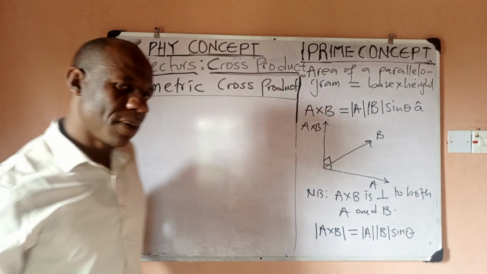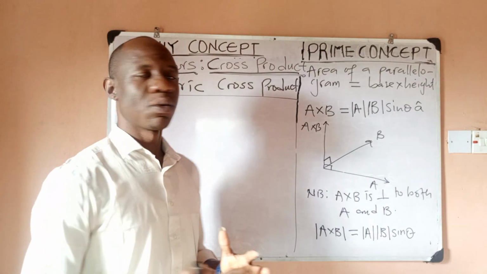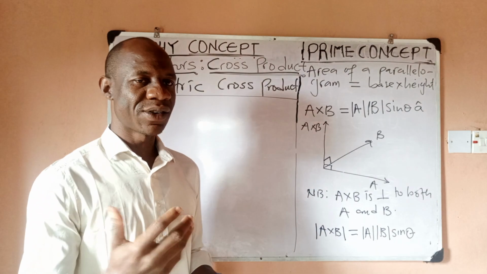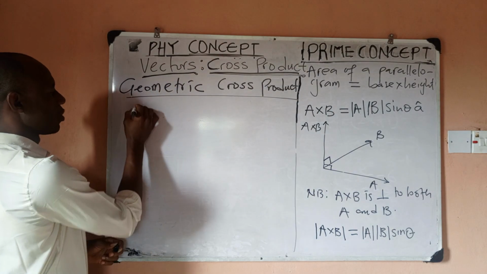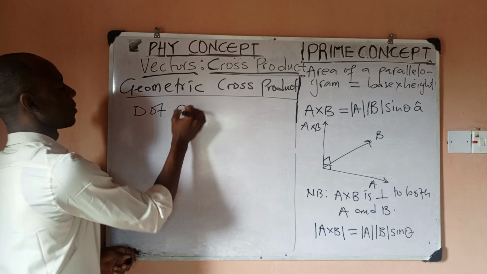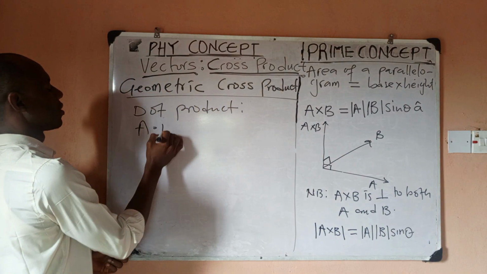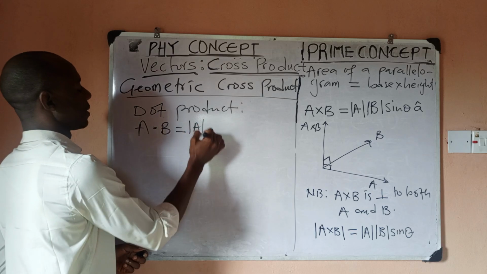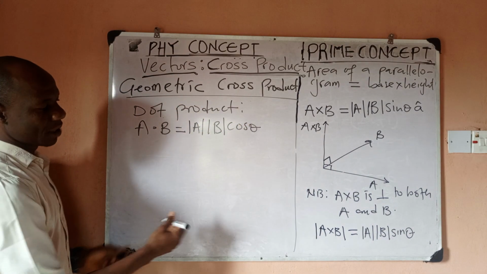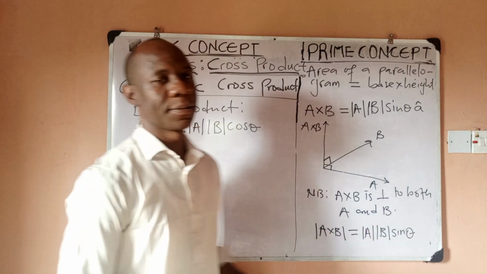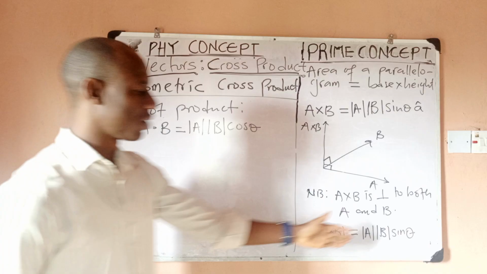Now remember we did the geometric dot product. When we studied the geometric dot product, we arrived at the formula A dot B, which is the magnitude of A times the magnitude of B cos theta. For what we have now, it is sine theta. Now, somebody may ask, how do I know when to use this or when to use this?